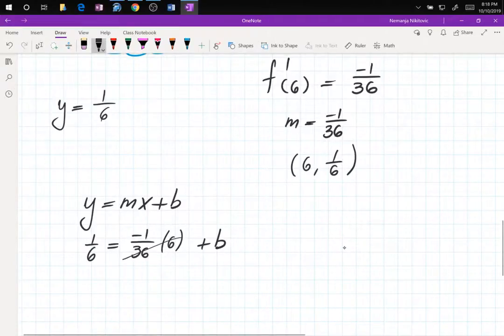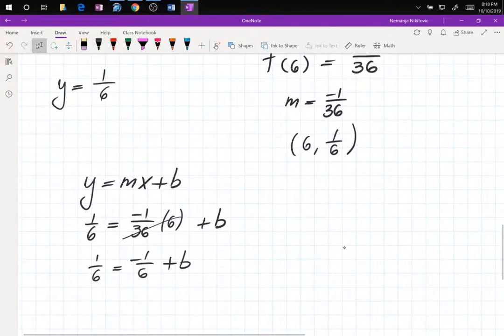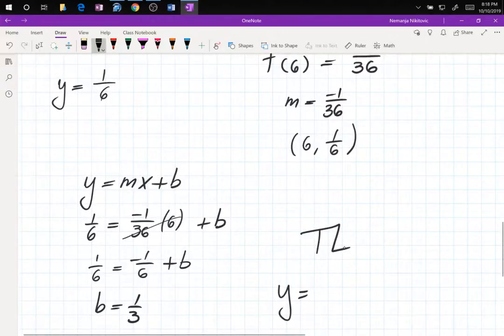These guys will cancel, and you will have 1 over 6 equal to -1 over 6 plus b. When you add them, you will get that b is equal to 1/3, because you will get 2 over 6, right? That's 1/3. So the tangent line is y equals, the slope is -1 over 36 times x plus 1/3.